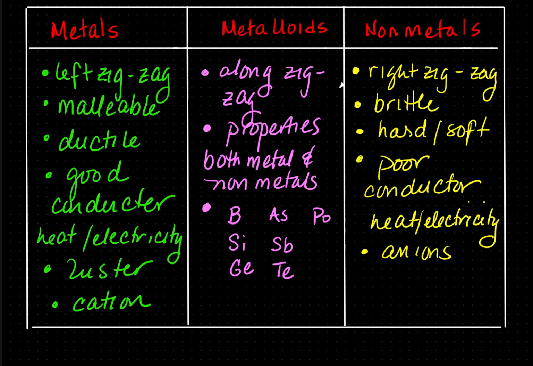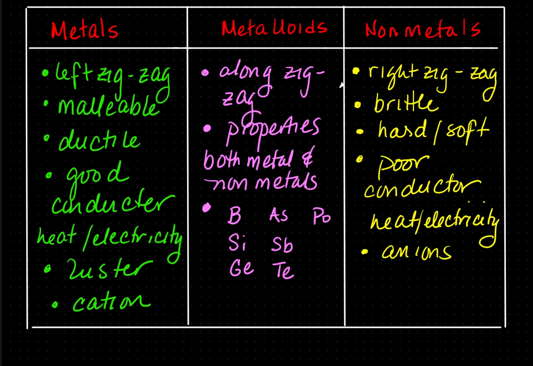Malleable means pounded into thin sheets, like pots and pans. Ductile means to be pulled into thin wire, just like copper wiring. They are good conductors of heat and electricity because they have loose valence electrons. They have luster, which means they are shiny, and since they tend to lose electrons, they are cations.